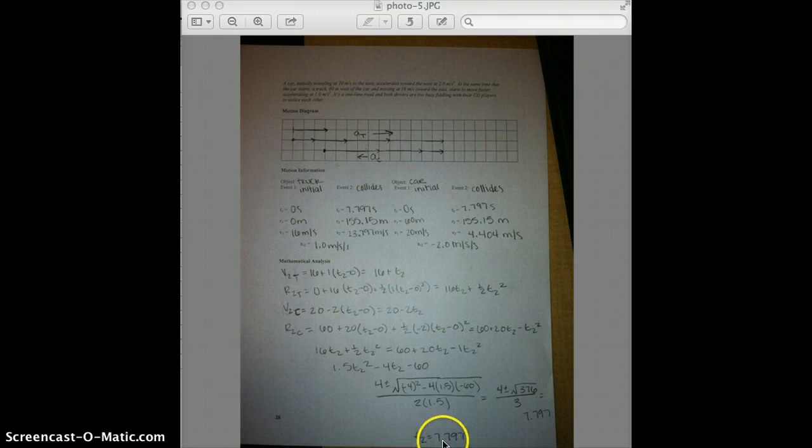After I found my T2, I went back to my final velocity for the truck and plugged my 7.97 into the T2, which gave me a velocity of 23.797 meters per second for the truck.